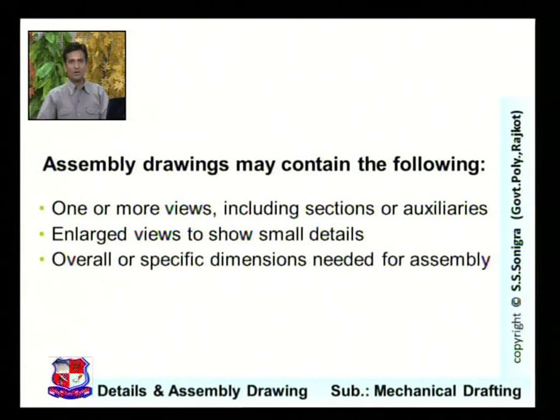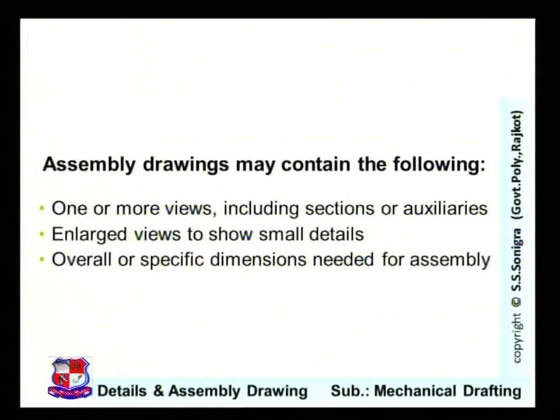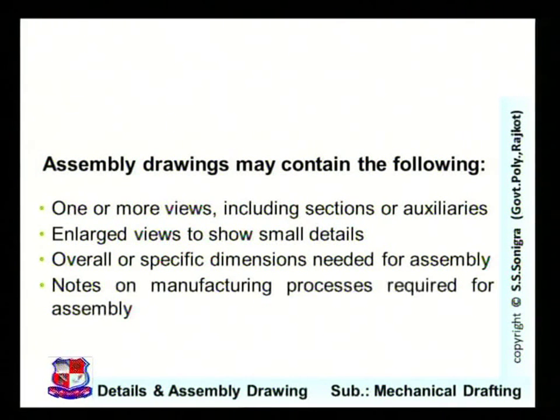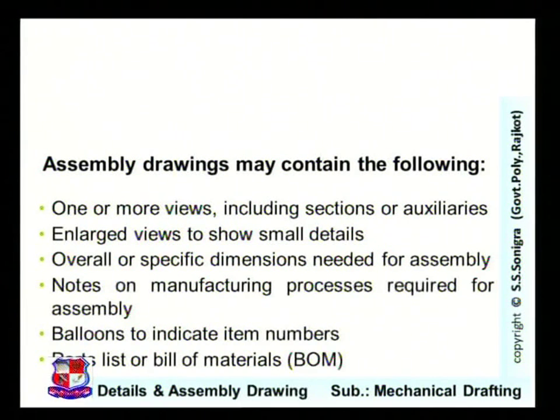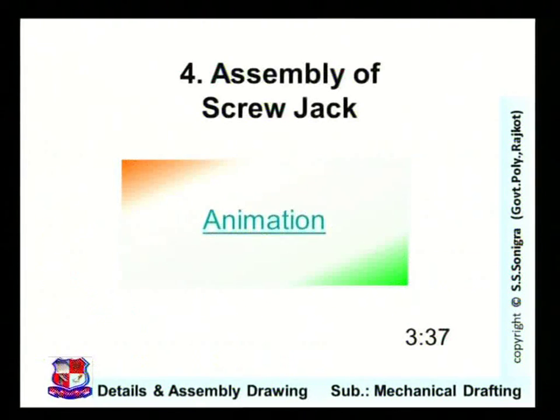Then overall or specific dimensions needed for assembly, and notes on manufacturing processes required for the assembly could be there in the assembly drawing. Balloons to indicate item numbers are used in assembly drawing as well. And the part list, also called the bill of material, which is represented in the assembly drawing. Now assembly of screw jack.